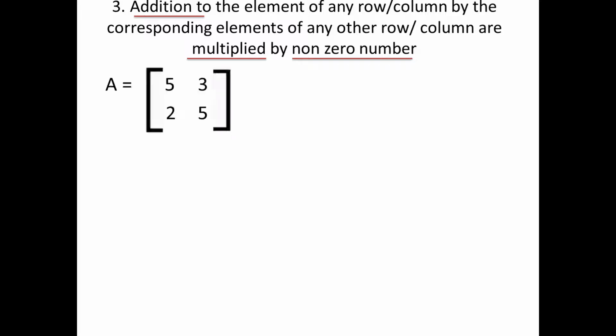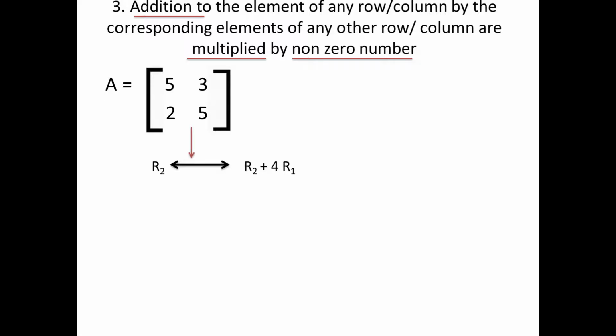So for this, I have taken a square matrix of 2 by 2 so that it would be easier to explain the concept, and you will understand it more easily. So here a matrix is given which includes 5, 3, 2 and 5. These are the elements which comprise 2 rows and 2 columns.